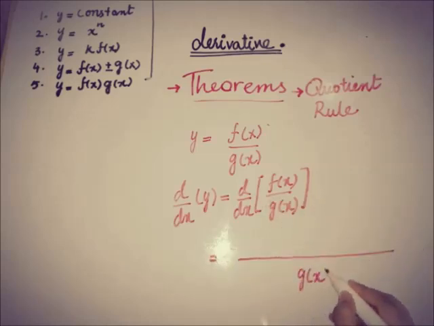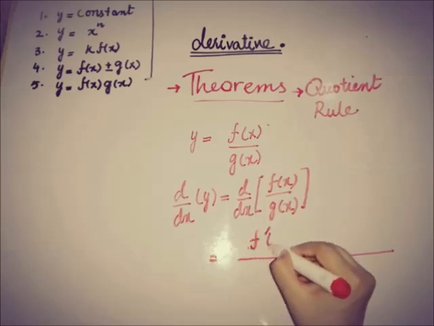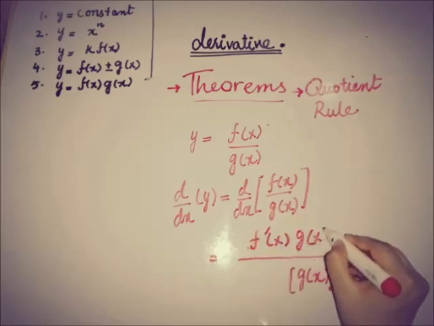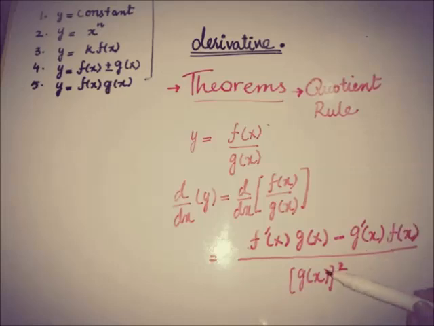squared of the function that is in the denominator, then the rate of change of the first function, and the function in the denominator as it is, minus the rate of change of the function in the denominator and the function in the numerator as it is. So this is what the quotient rule says.